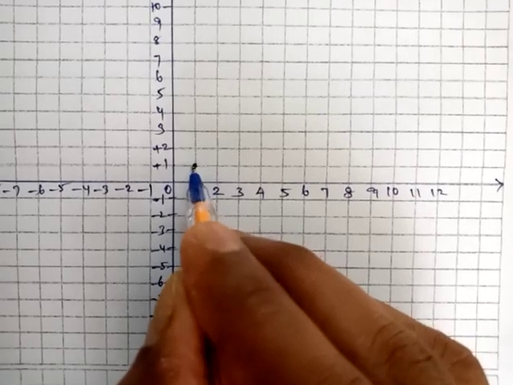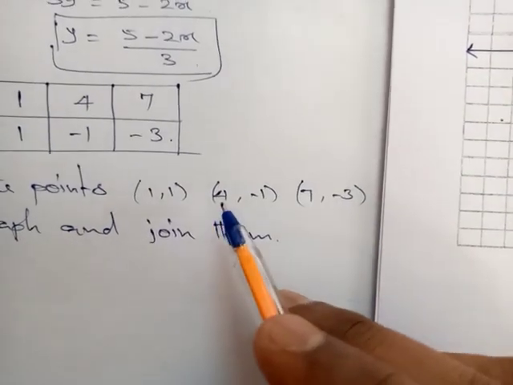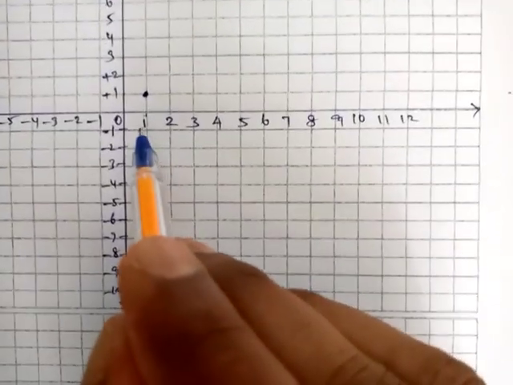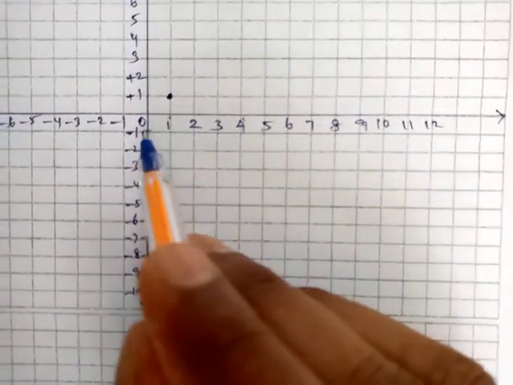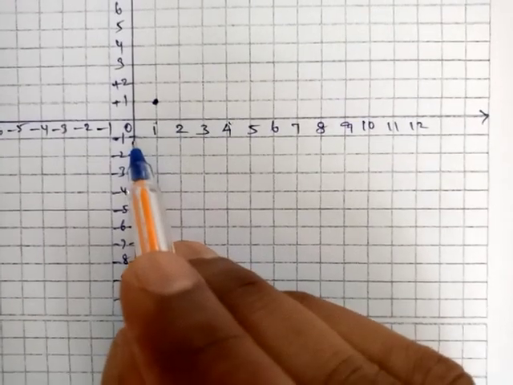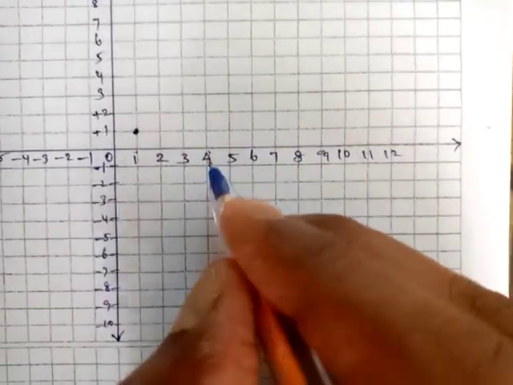So this point is 1 comma 1. Next, 4 comma minus 1. So 4 in the x-axis, minus 1 in the y-axis. So 4, minus 1 is here. So this point.